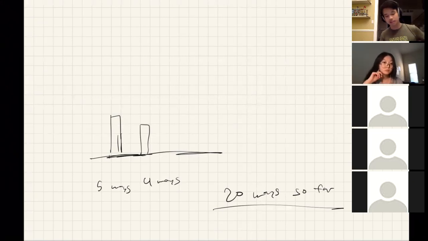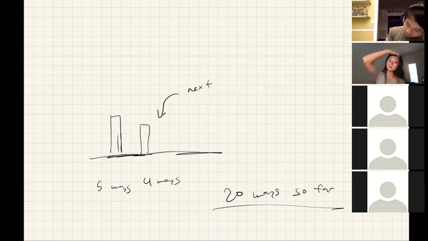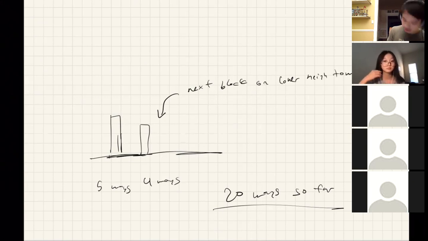And the way you do this is look at the tower with lower height, and the next block you place on the lower height tower. It turns out there's always going to be four choices for this block.